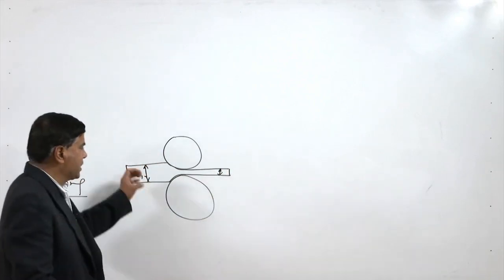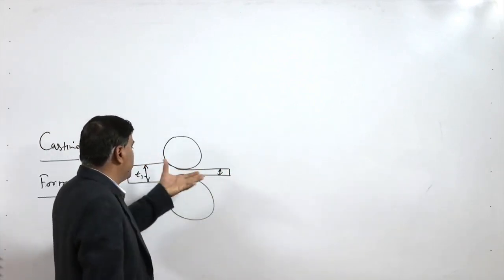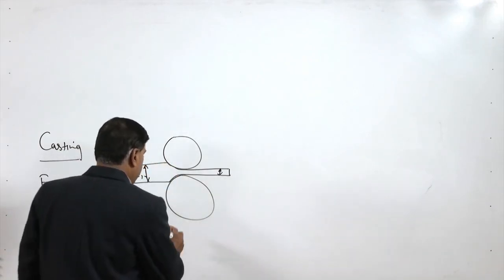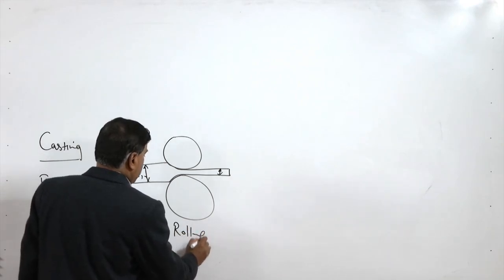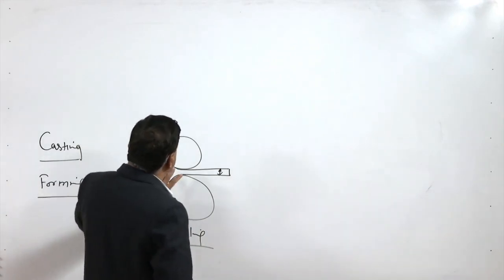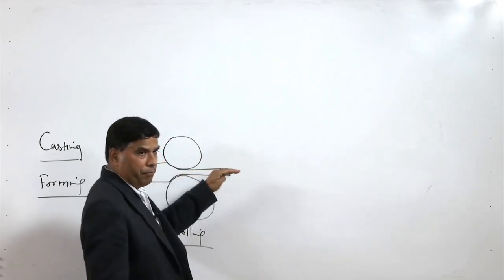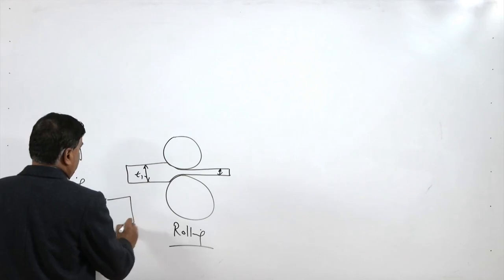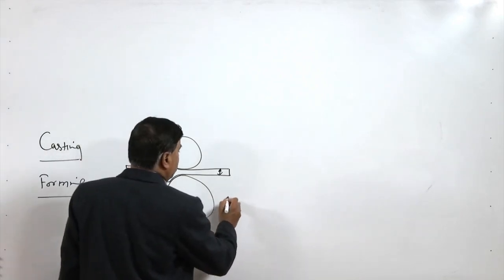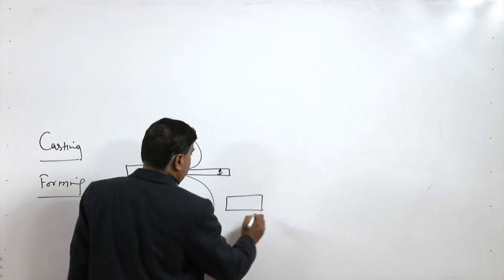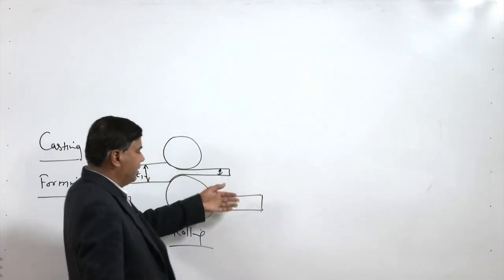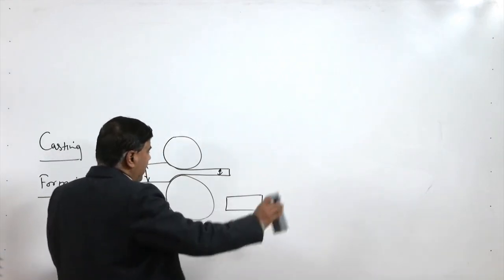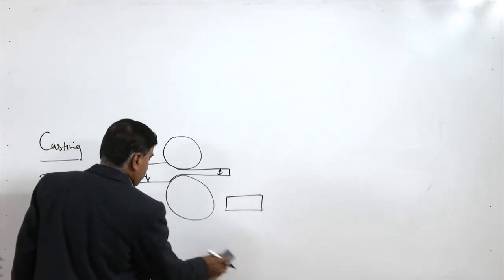So, basically the cross section size is reduced in the rolling processes. Here material is being forced to deform and take some other cross section, the thickness will be reduced, and under constant width conditions, actually length increases, the width remains constant.